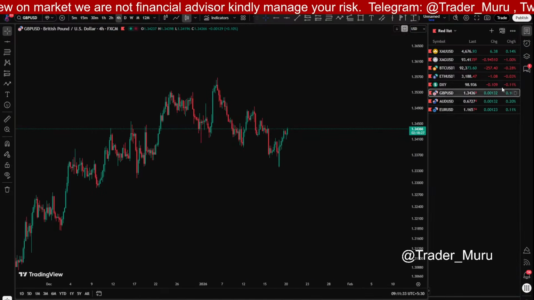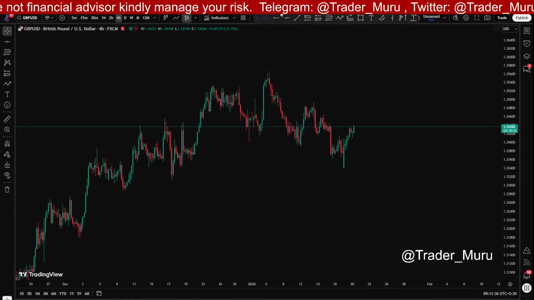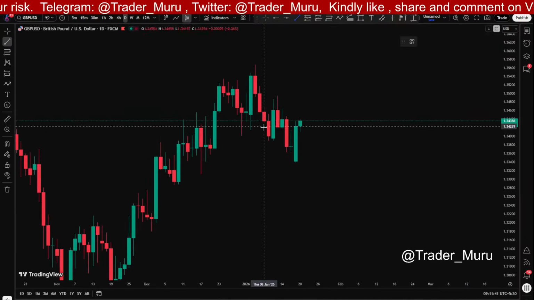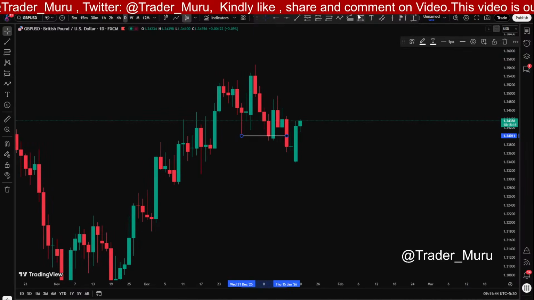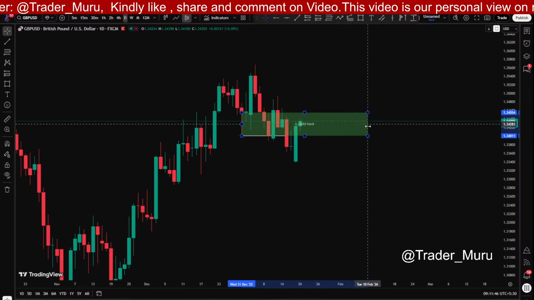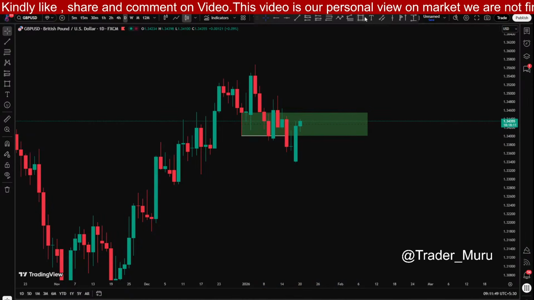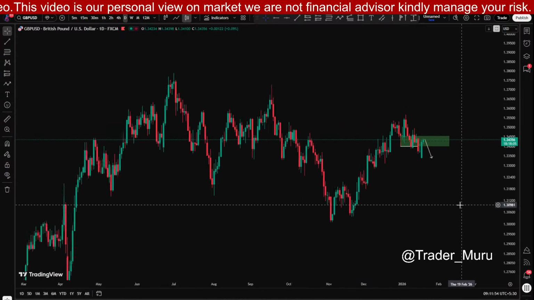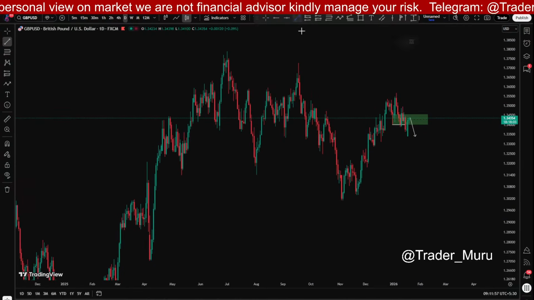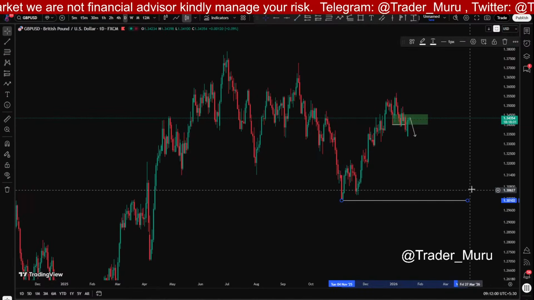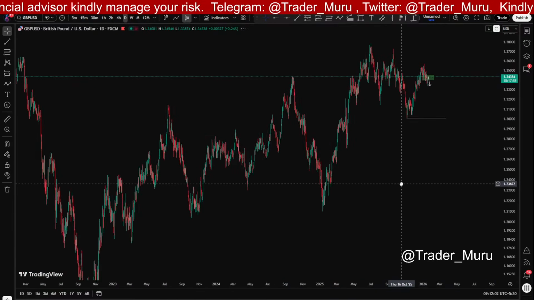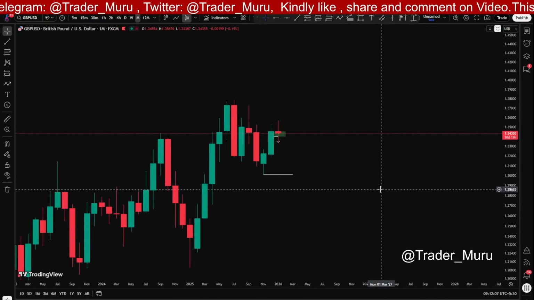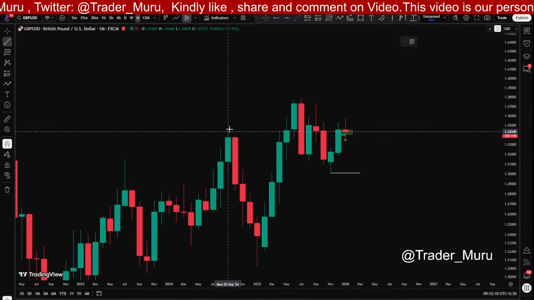GBP is bearish. We have a daily time frame change of character here. After that, price is testing resistance area. Now this is the first resistance from where price can again drop, and now GBP can drop first to this area here, 1.30, and below that in monthly time frame the breakout structure is this one.